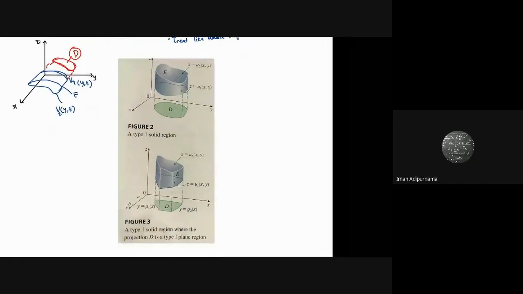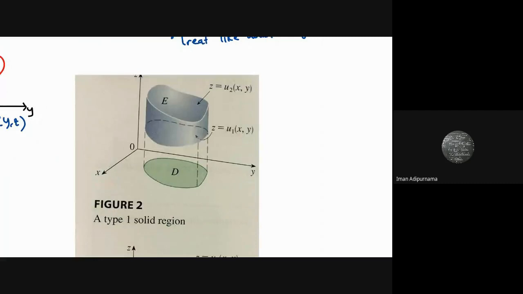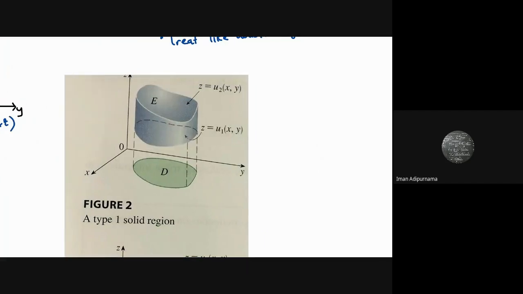So actually, your textbook is making some sections in itself, in the same chapter. But I think as long as you know the idea, for example, here, the first picture, the D doesn't really give you any information about what kind of equation it has, right?